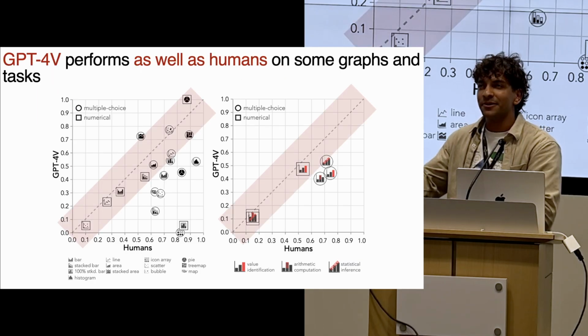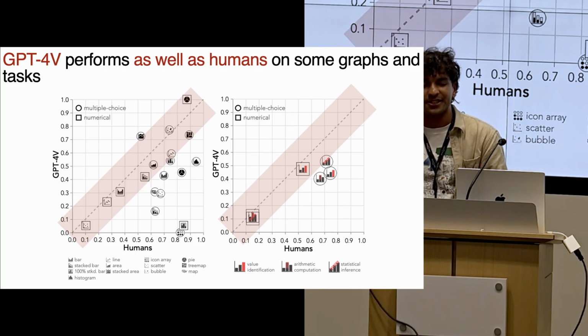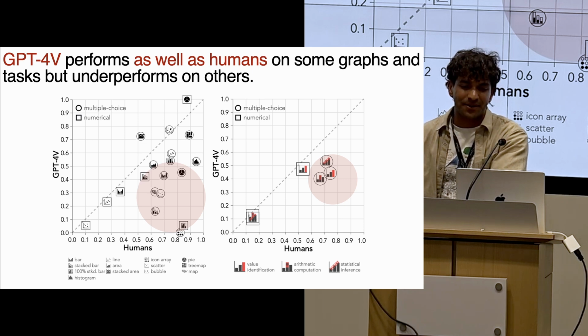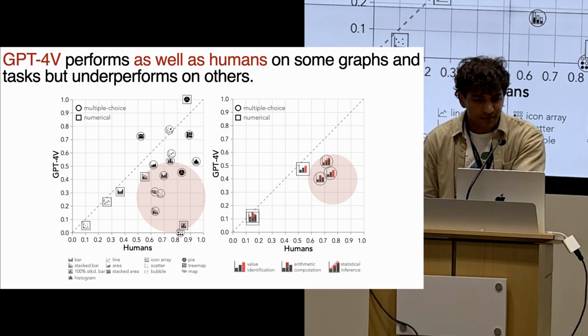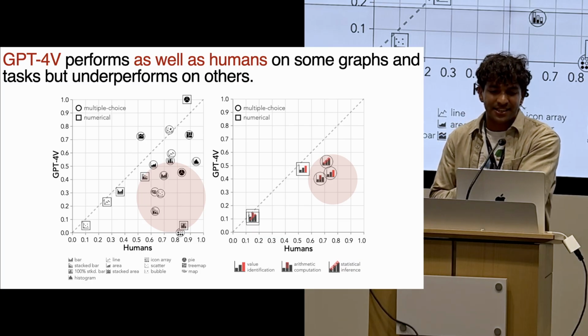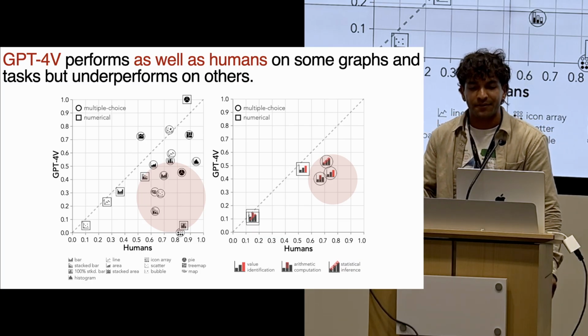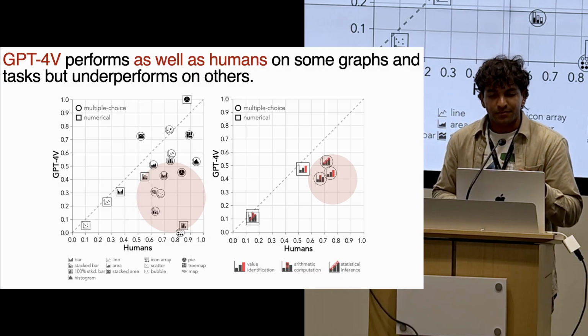And here we found that GPT-4V performs as well as humans on some graphs and tasks, but severely underperforms compared to humans on others, like stacked bar charts, for example. And this suggests that model performance doesn't always align with human performance across all these different categories of items.